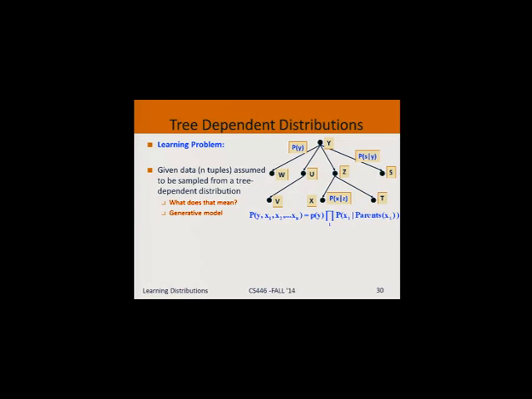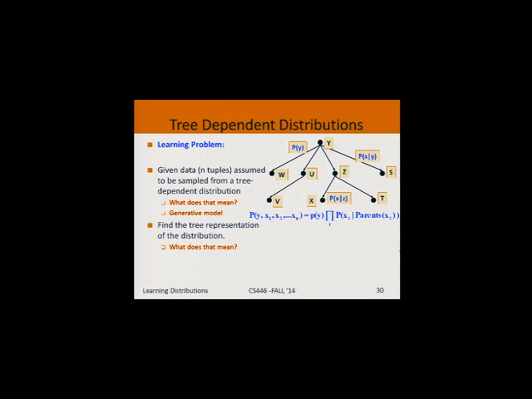First, you sample y according to P of y. Once you have y, you sample w according to P of w given y. Then you sample u according to P of u given y, and so on. This is how data is generated if it was generated from this tree. This is one thing to understand here. Given that, we want to find the tree representation of the distribution.